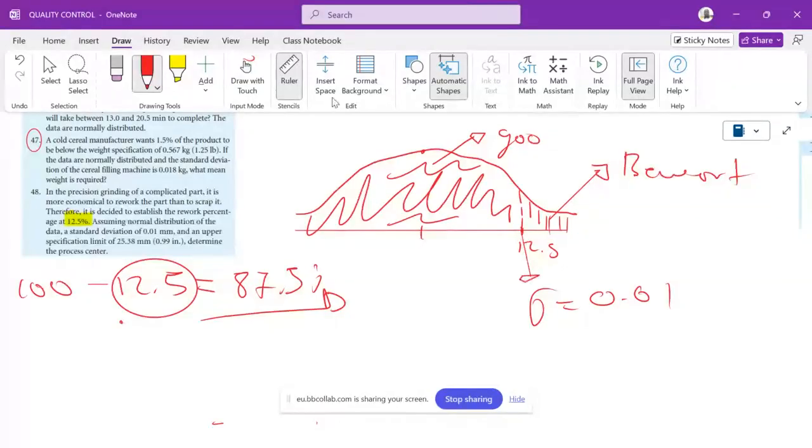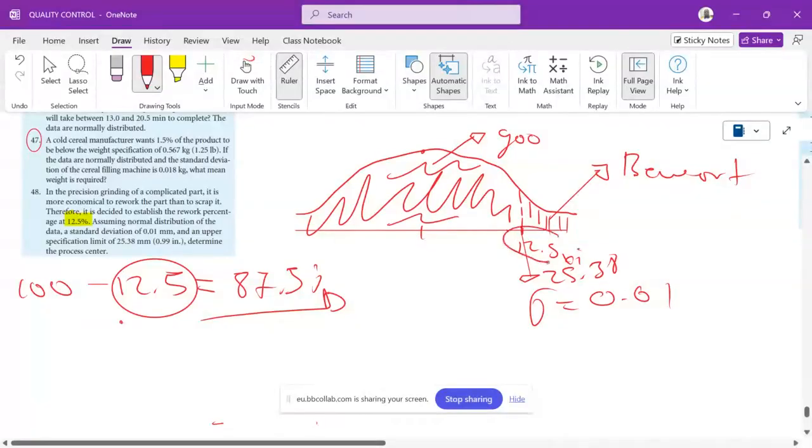If you go above your specification, it's like going below your specification, so you are obviously going to produce a rework. That's your XI. But we want to deal now with the 12.5.